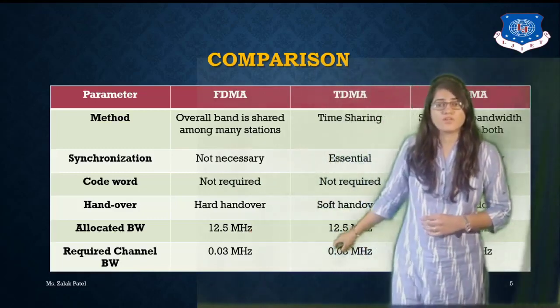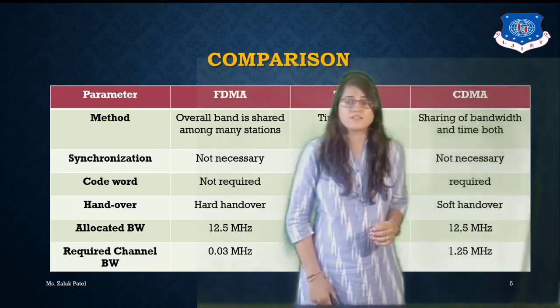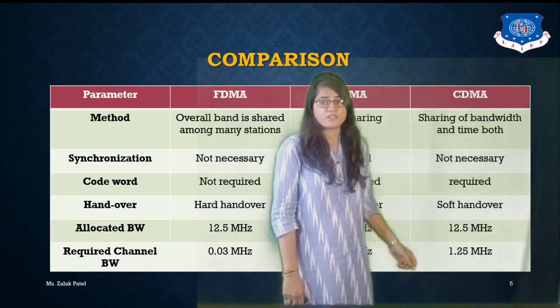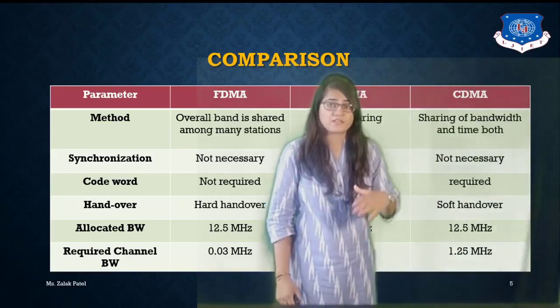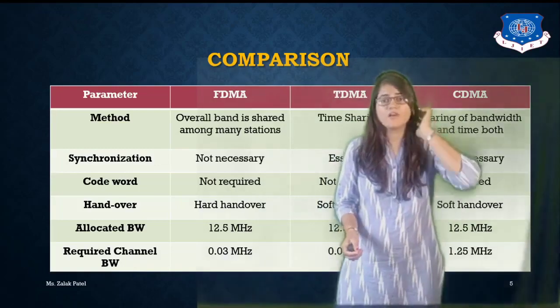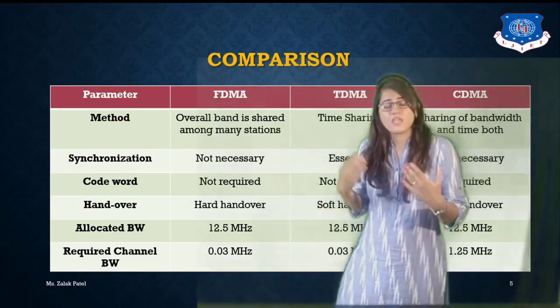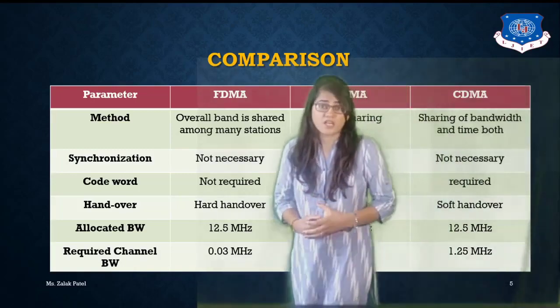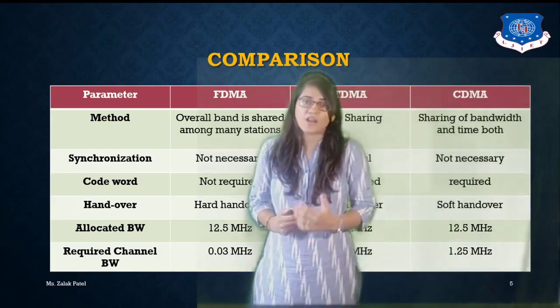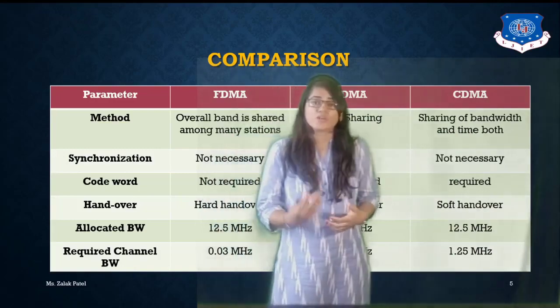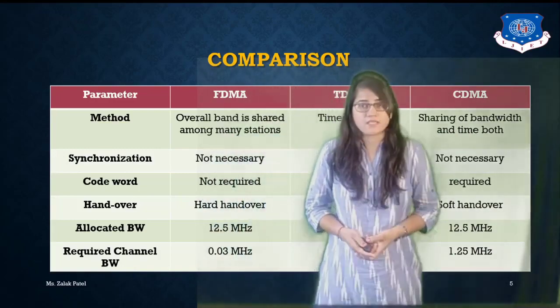In case of TDMA also, it is 0.03 megahertz, and in case of CDMA, it is 1.25 megahertz. Now, we have the value of allotted bandwidth for FDMA, TDMA and CDMA, and even we have the value of the channel bandwidth. So by using these two parameters, we can calculate the total number of channels for all the three cases.